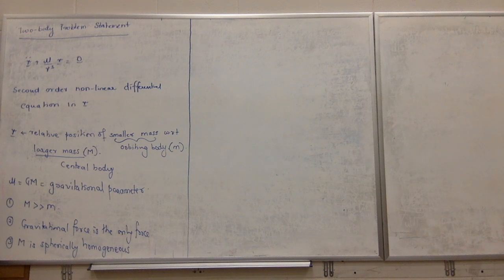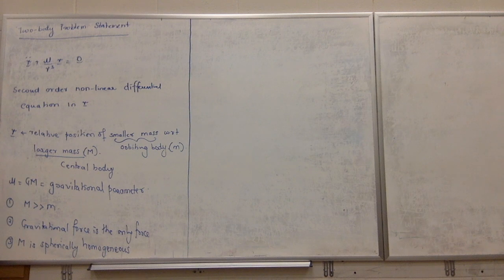Is it? It's not, right? The core is more dense. As you come to the surface, for example, water, two-thirds of the Earth's surface is water. Is water as dense as rock? No, right? So what we assume is the entire sphere is homogeneous.